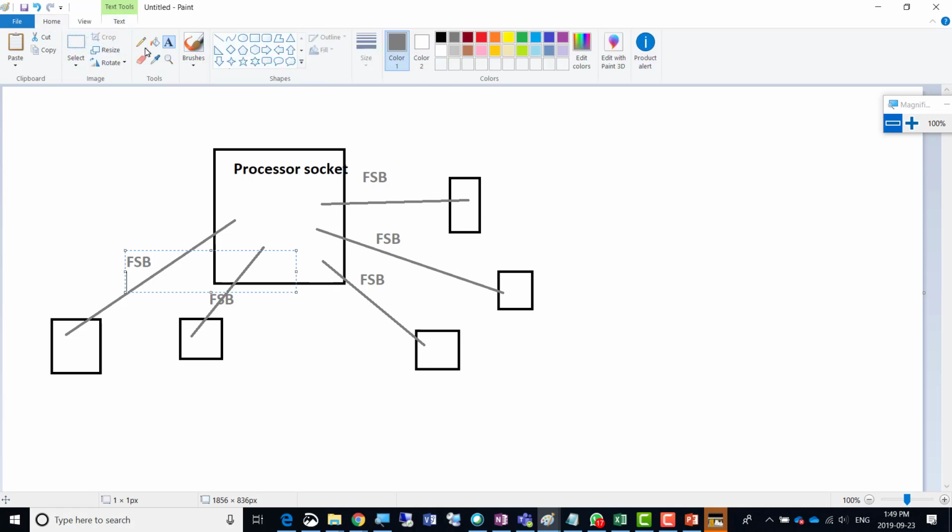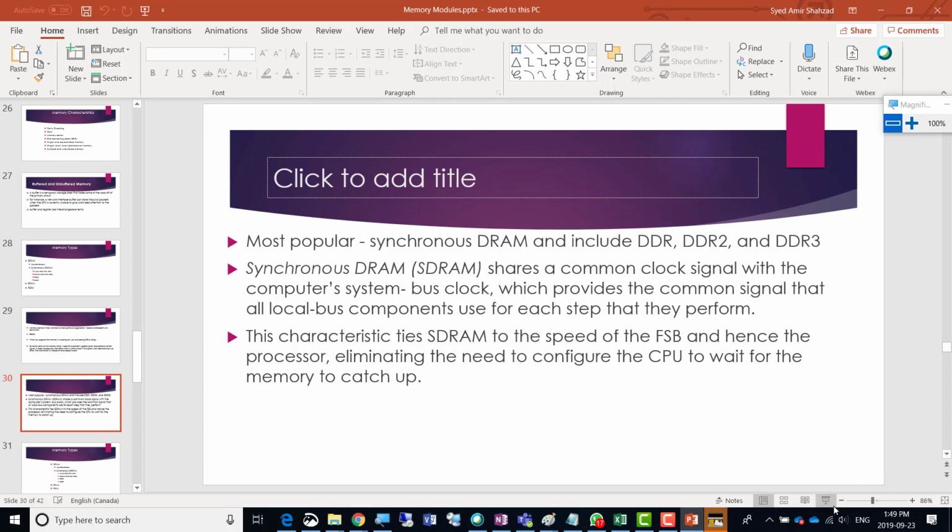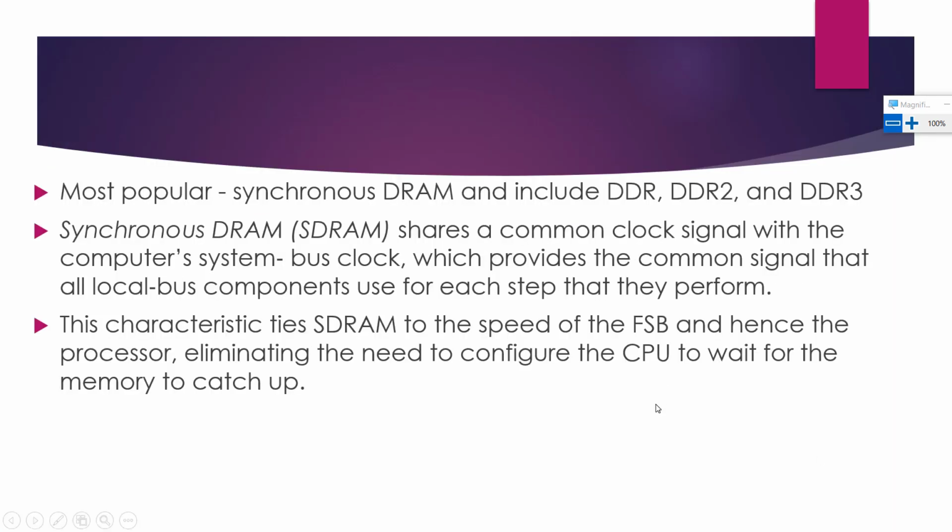That last slide, I still don't understand some of the points on it. The second point: synchronous DRAM shares a common clock signal with the computer's system bus clock, which provides the common signal that all local bus components use for each step that they perform.